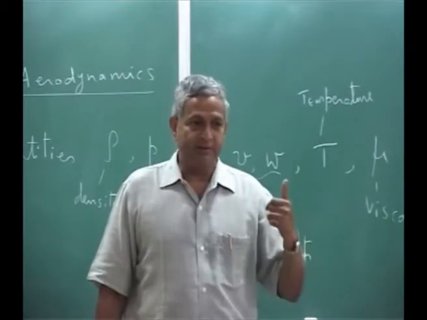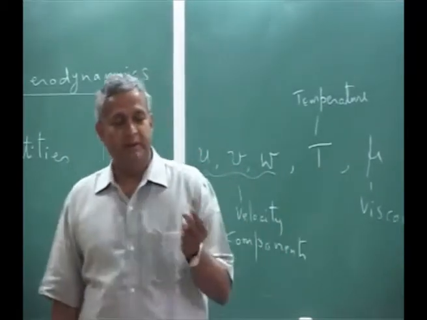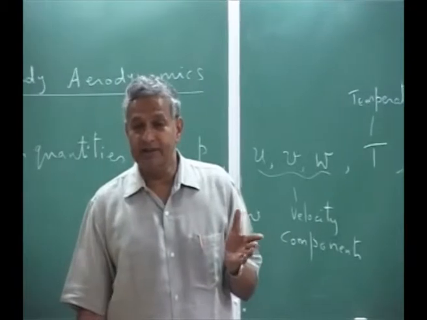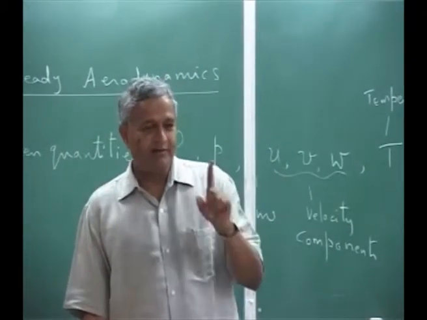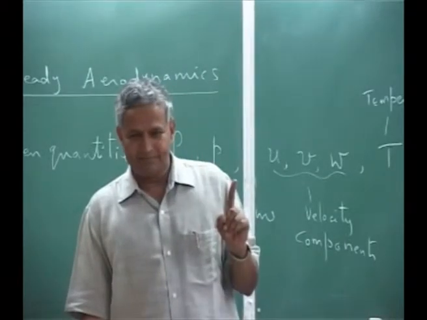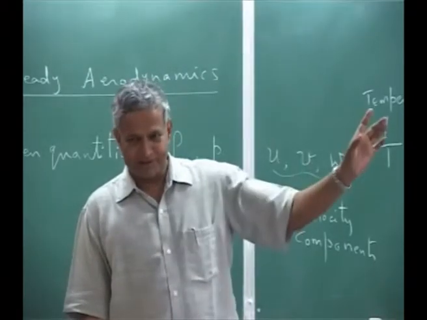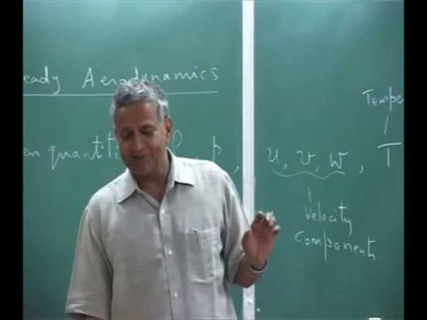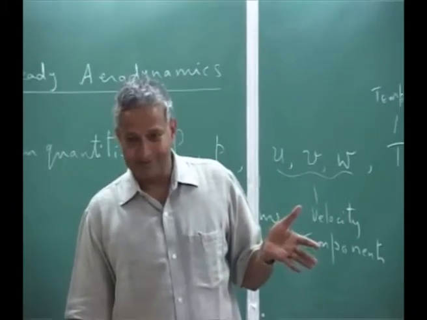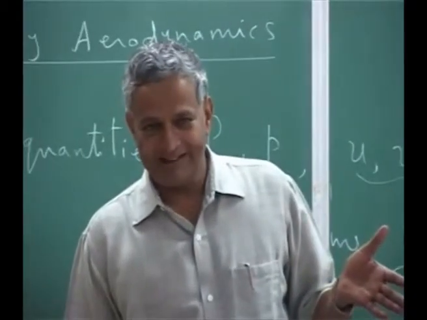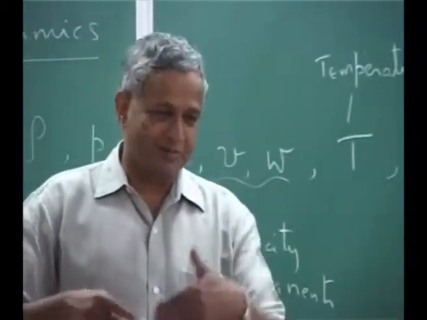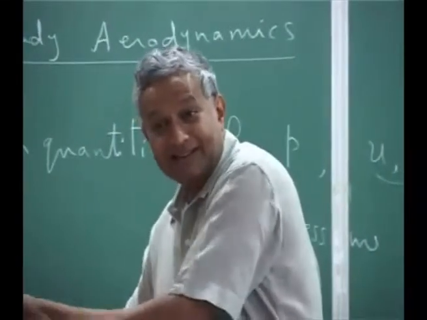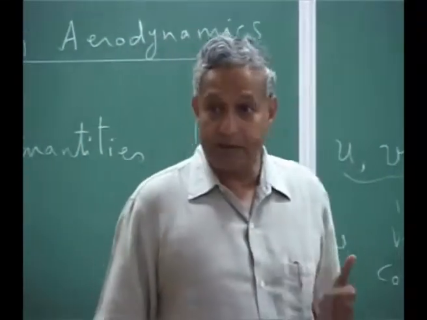And then it will come as a potential flow, meaning basically my velocities are derivable from a potential. Then I will have actually only one equation for the potential, and of course there will be another equation for the speed of sound. These two will be there. But if I make a further assumption of incompressible flow, then you will get further reduction in the formulation. But all are unsteady.